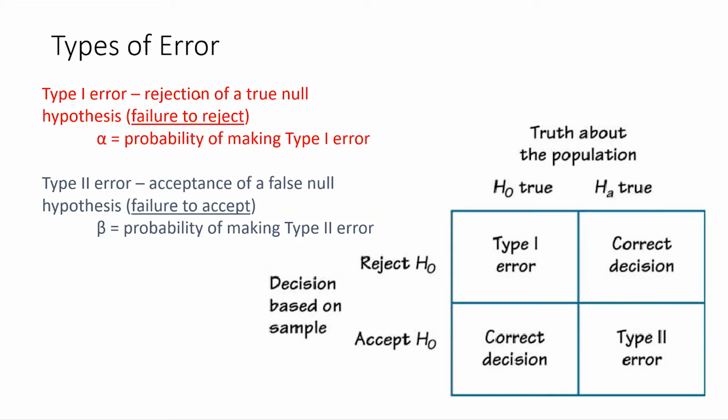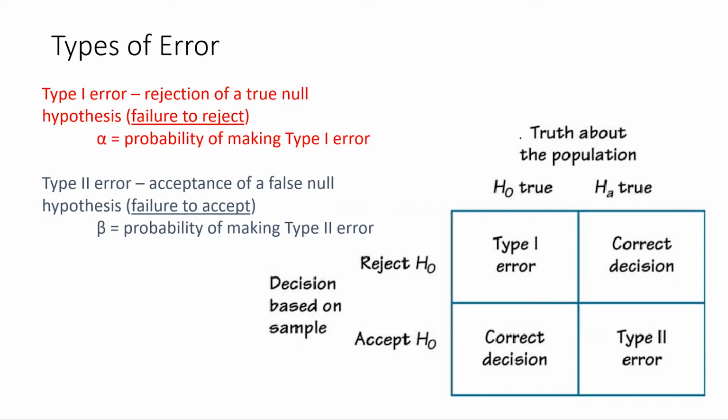And it's represented as alpha. So that's what our alpha value is. It's the probability of us making a type 1 error, the probability of us accidentally rejecting a true null hypothesis. Type 2 error is the acceptance of a false null hypothesis, and it's represented as beta, the probability of making a type 2 error.